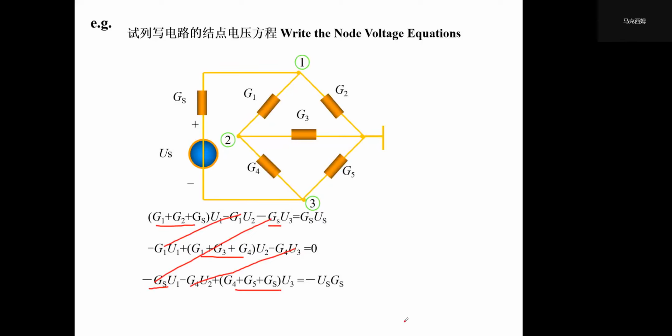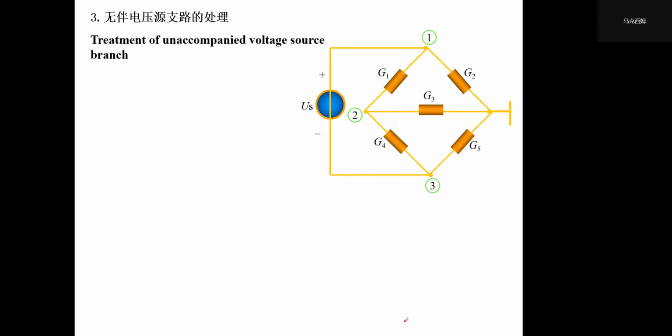So this is how we list the node voltage equations. And if we have a source in one branch that is not associated with any resistor, how are we going to deal with it?